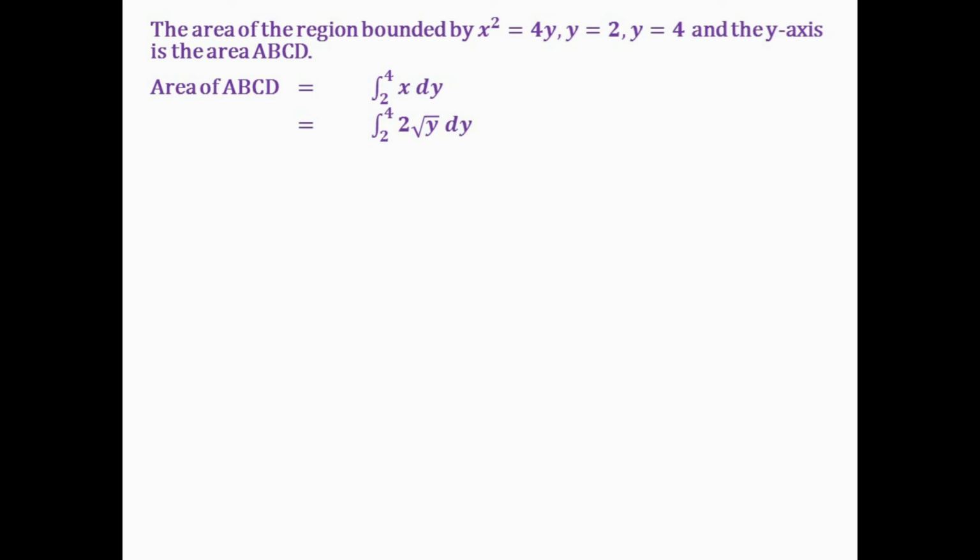Next, on integrating, take 2 outside. It is a constant that should be taken out. Then, square root of y is nothing but y to the power half. On integrating, we will get y to the power half plus 1 by half plus 1. Half plus 1 is nothing but 3 by 2. So, y to the power 3 by 2 divided by 3 by 2.